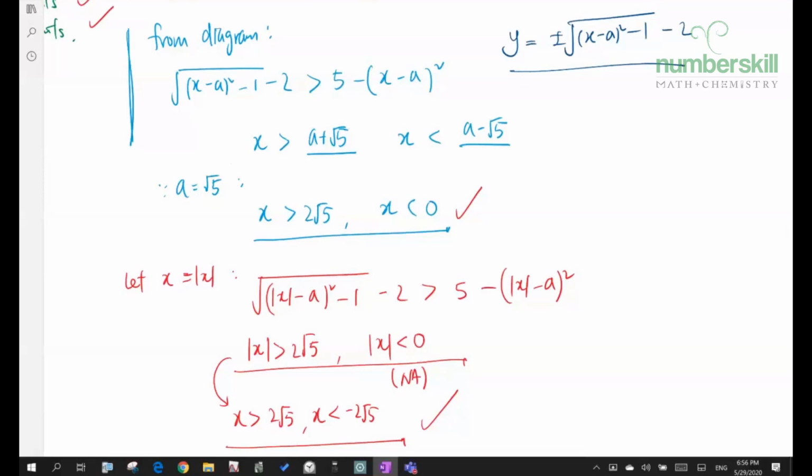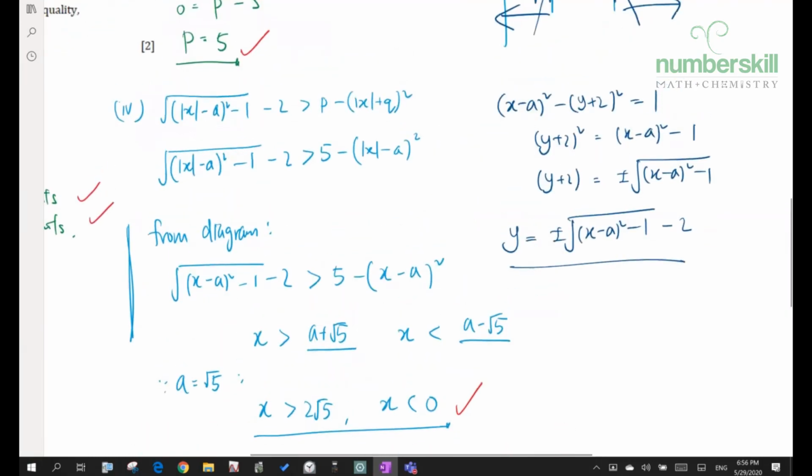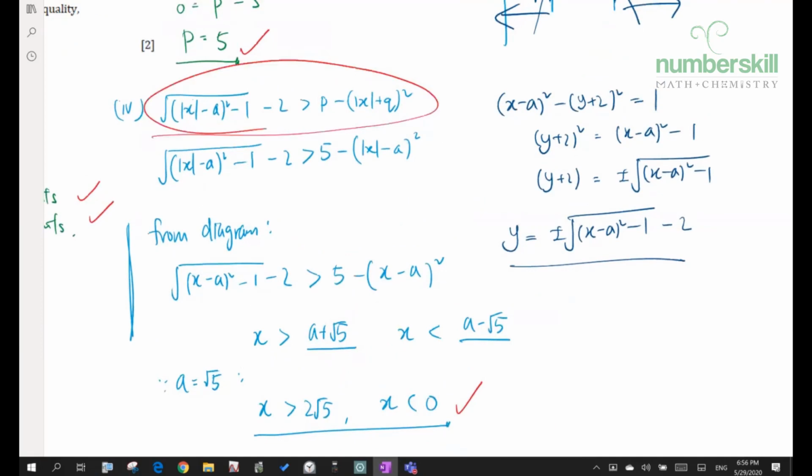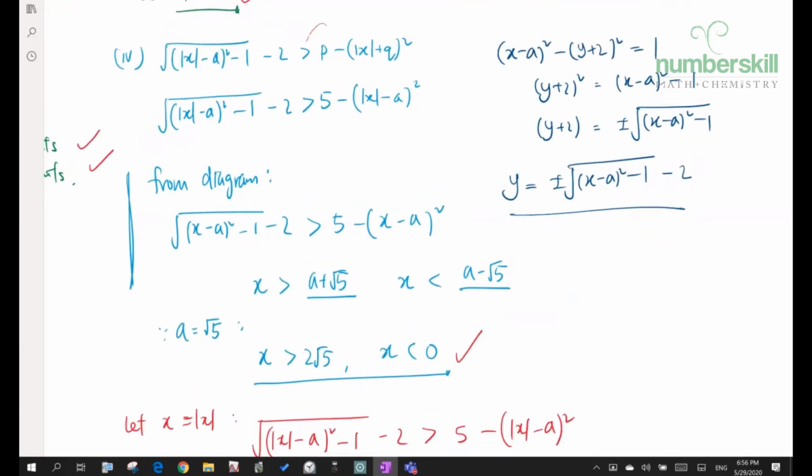But again, it all depends on what you can figure out. Understand? What I mean by what you can figure out is what you can see, the linkage. How do they link up together? So the original question was, hey guys, solve this. That's all. They throw it at you, right? So you need to slowly figure out how to solve this. Oh wait a minute, this is the quadratic curve that I drew just now, right?